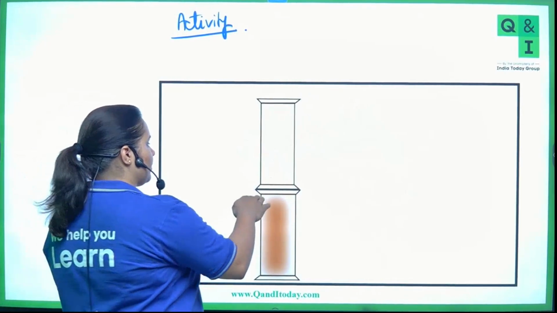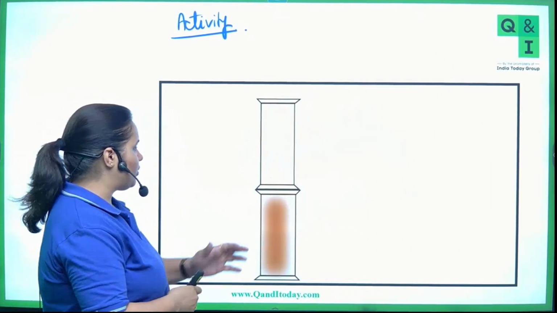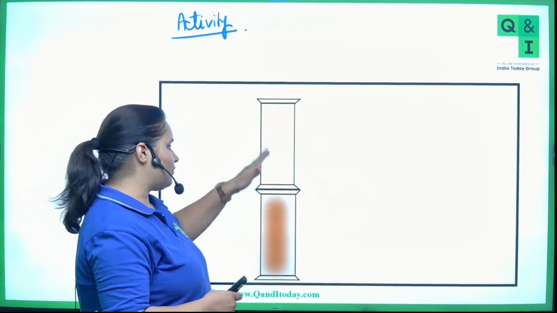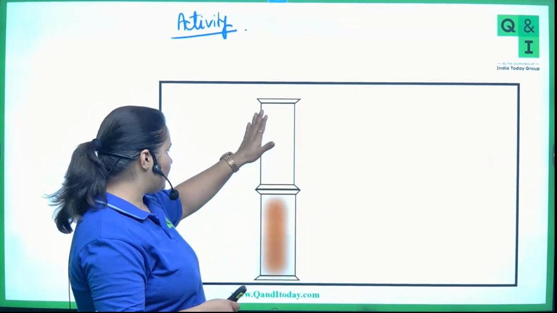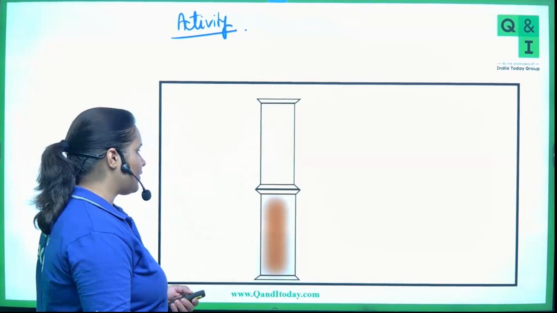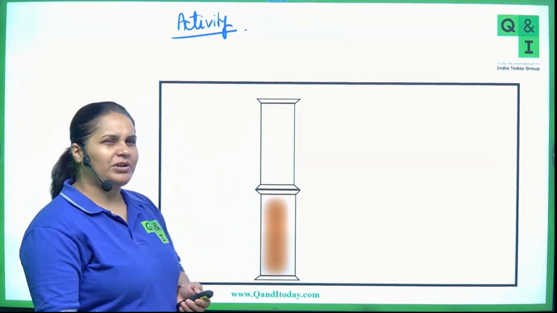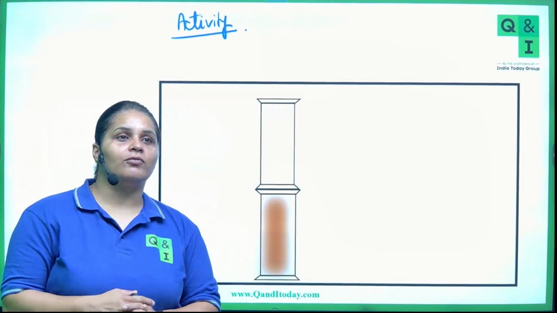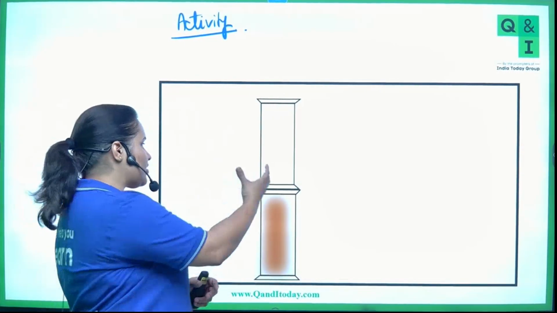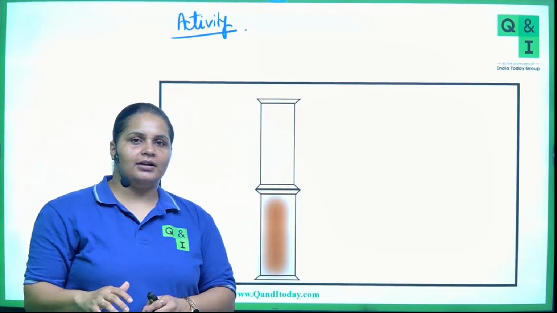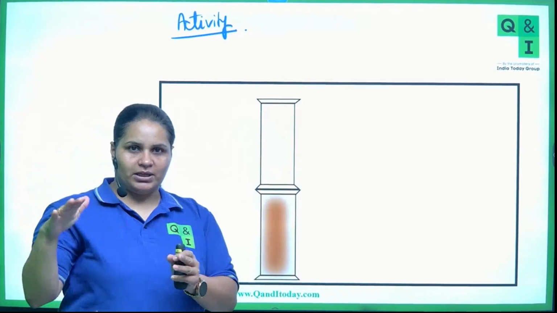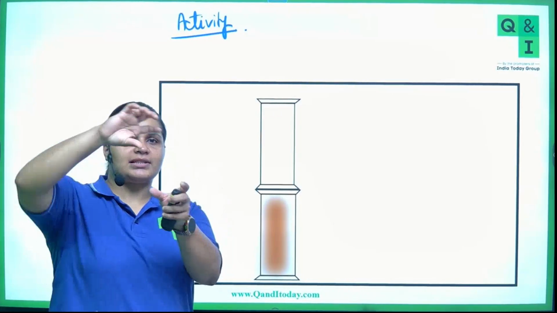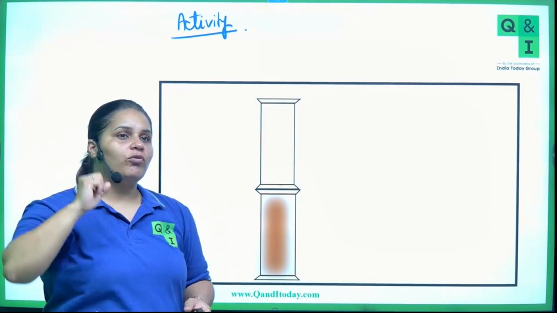And I'm going to remove the separation between them. Whatever thing is separating them, I'm going to remove it so that there will be a connection between the two jars. Now, what am I going to observe? Can you tell me? What will be the observation? If I keep this jar over it and there's no separation between them, like if you take two glasses and put them one over the other, what do you observe here?